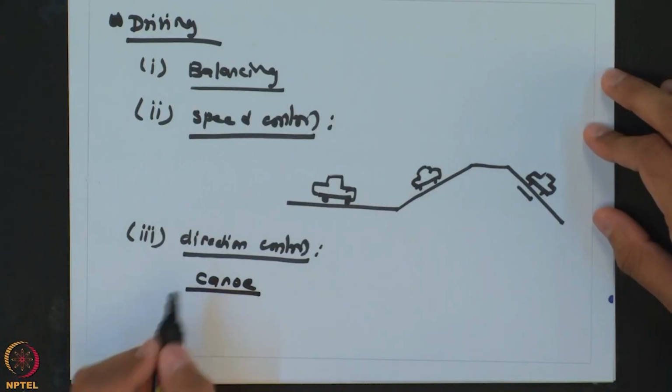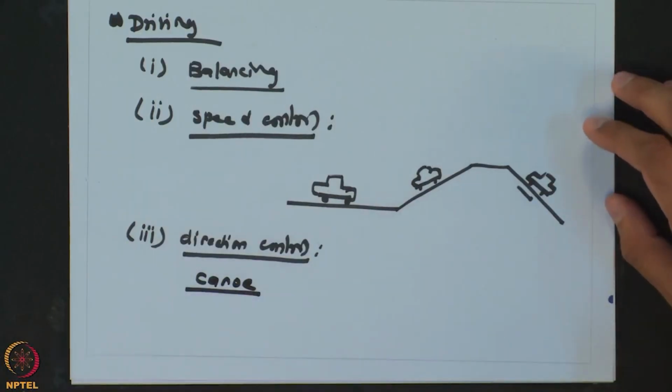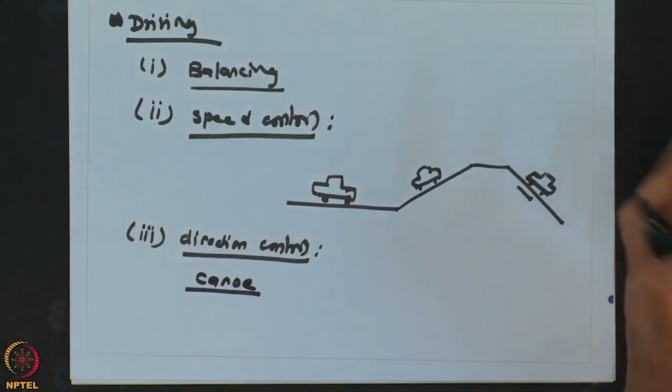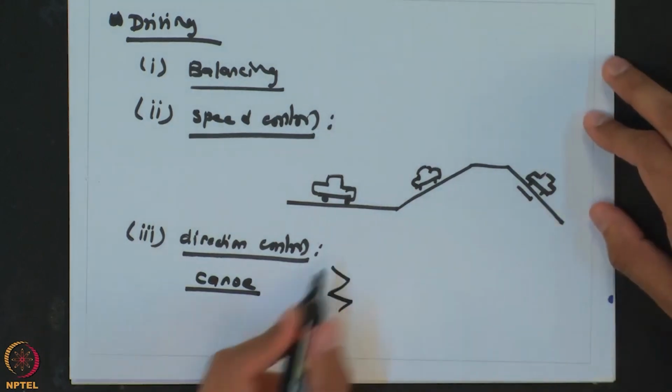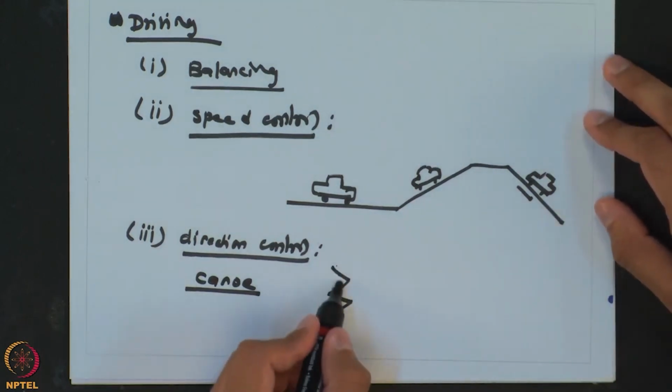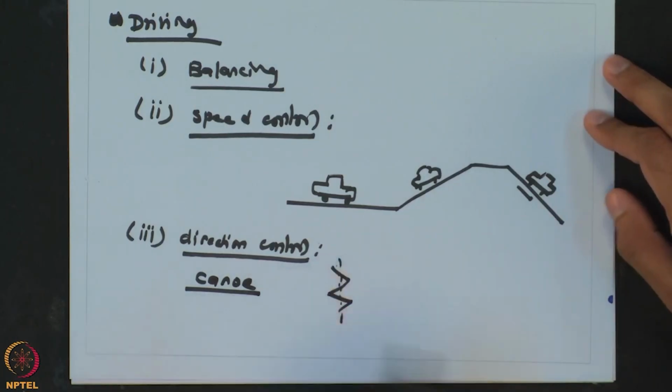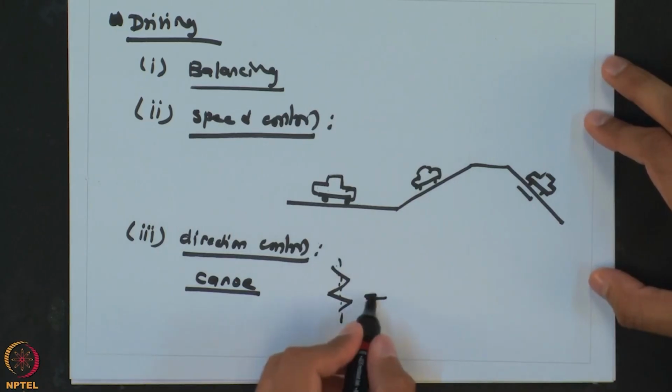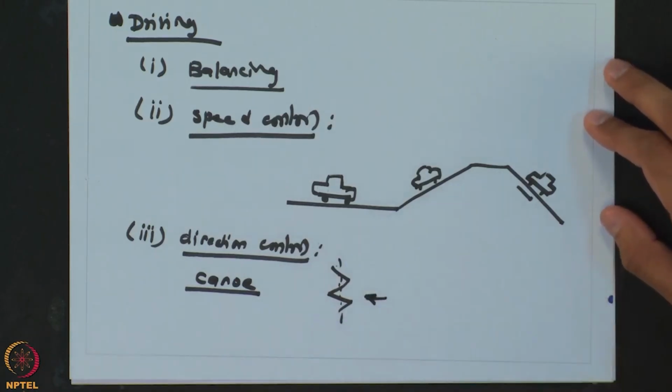This can be visualized to a greater extent when you are trying to give direction to a canoe. Whenever you are paddling a canoe, if your paddles are not synchronized, it will try to go in a zigzag form, so you will always try to make it go in a straight line, and the direction of the current may move your canoe in one direction or the other, and you always try to counter that by paddling on the correct side.